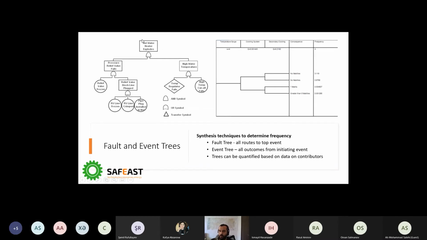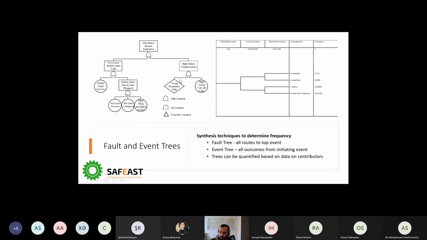We say that the hot water heater can explode due to relief valve failure, pressure valve failure, or high water temperature. Then we add different causes for each of them. For relief valve failure, either the relief valve is frozen, or the relief valve discharge line is plugged: line frozen, line crimped, or pipe plug installed. And high water temperature can happen through regulator failures or high temperature cutoff failures.